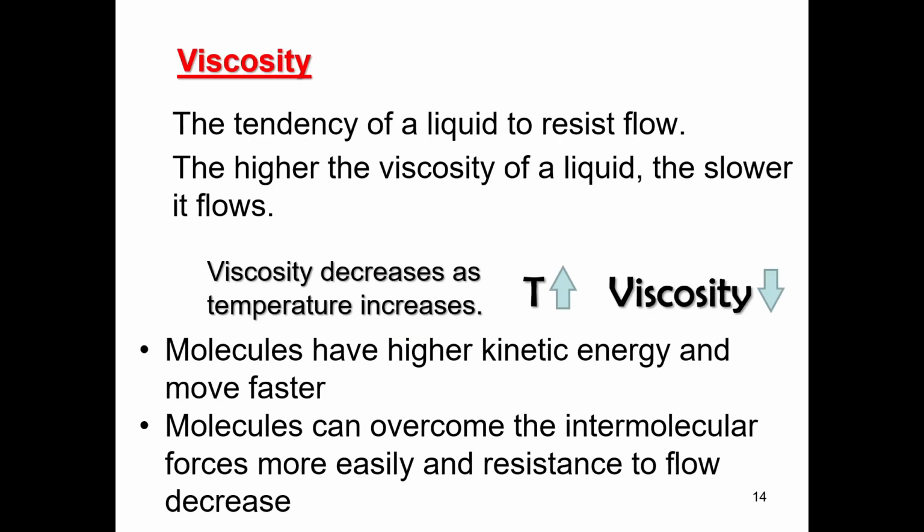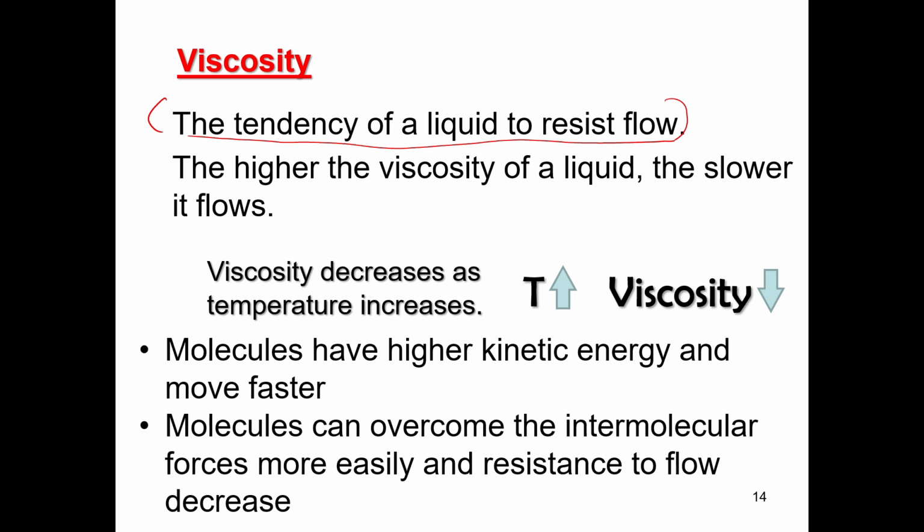Okay, the fourth property is viscosity. Okay, viscosity, from the definition, is the tendency of a liquid to resist flow, meaning keupayaan liquid tu untuk resist, untuk elakkan daripada mengalir.